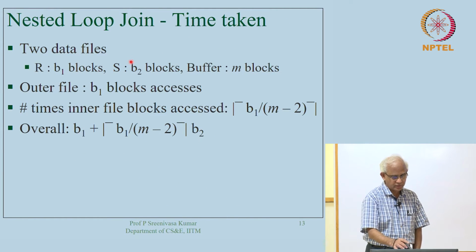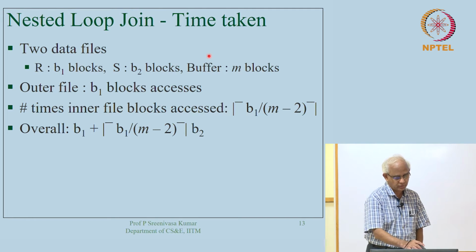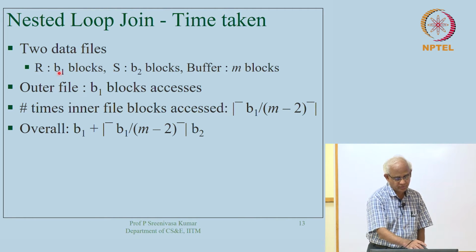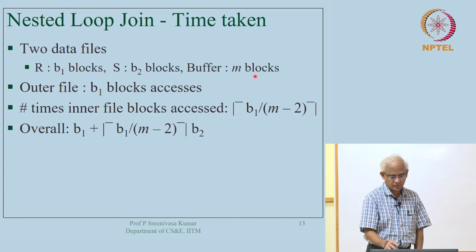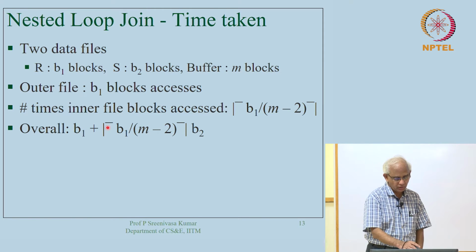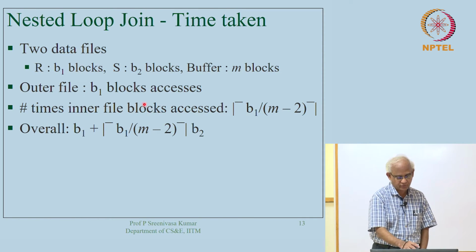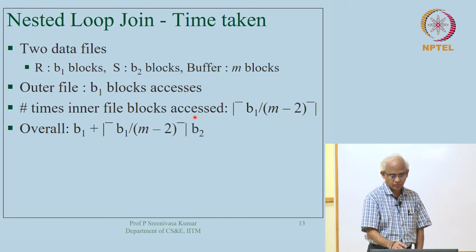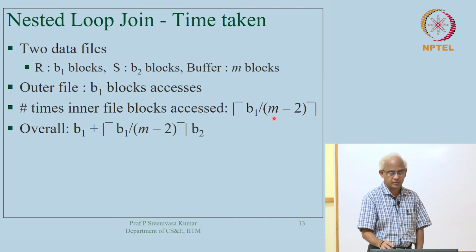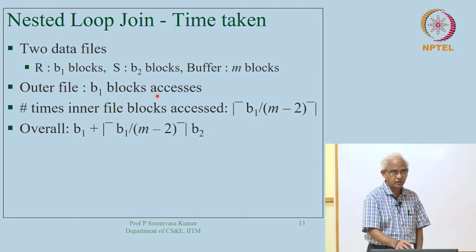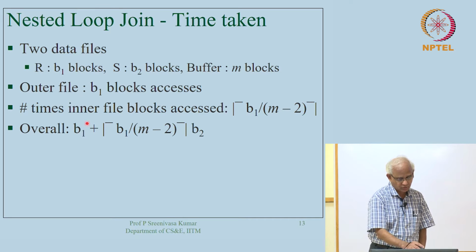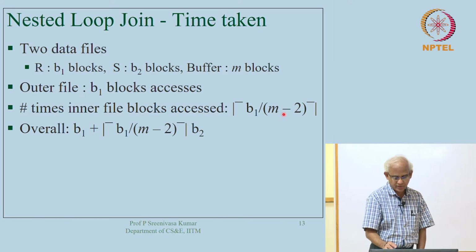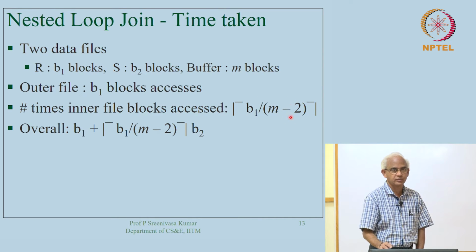As far as the time taken is concerned, you can now see that if R has B1 blocks, S has B2 blocks, and the buffer has m blocks, then the number of times that the inner file has to be read is basically B1 divided by m minus 2, where B1 is the number of blocks in the outer file, the R. So, overall the complexity in terms of block accesses will be that the entire B1 blocks have to be read, so B1 plus this many number of times you have to read the inner file.